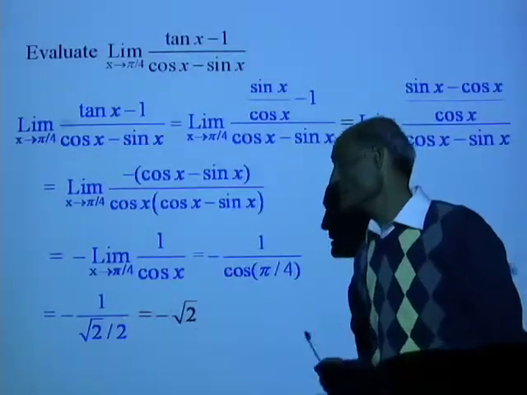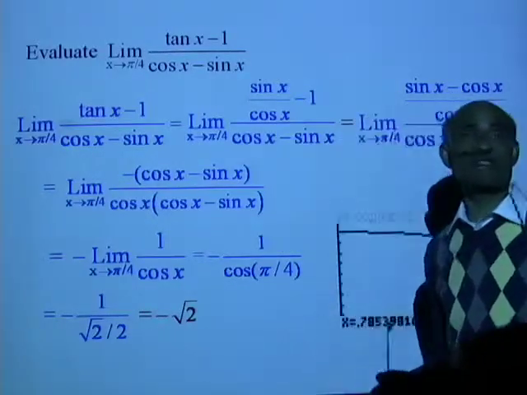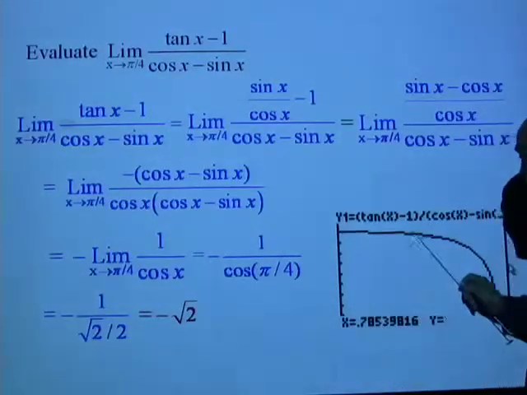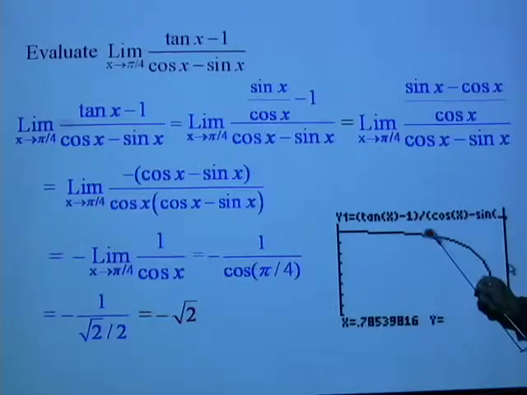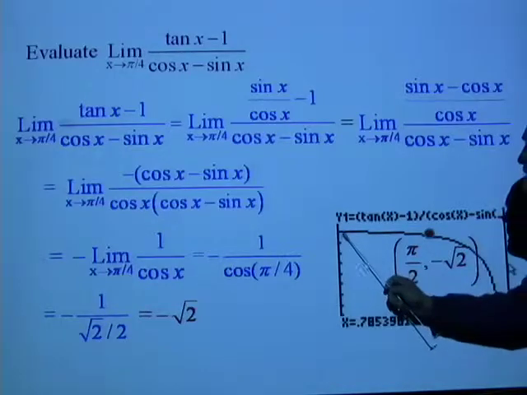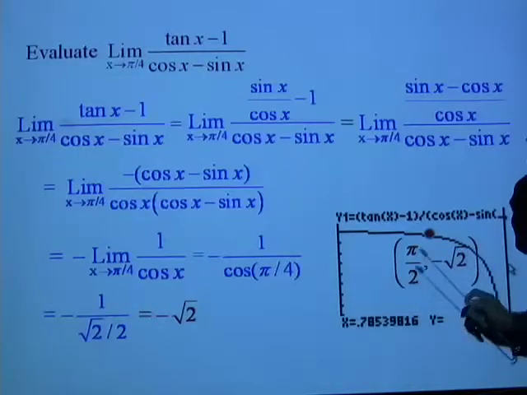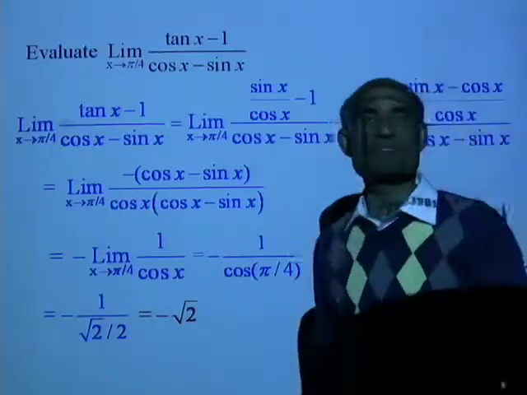So that will be negative root 2 is that limit. I've actually done that limiting value for you. Here is pi by 4, negative root 2. As x approaches pi by 4 from the left, as x approaches pi by 4 from the right, the function value is negative root 2.